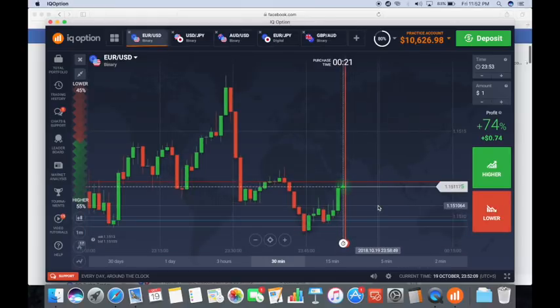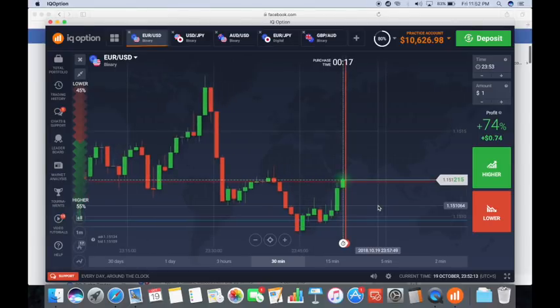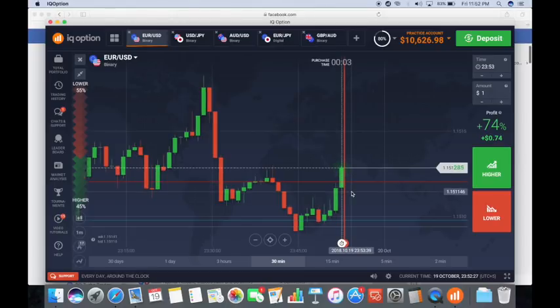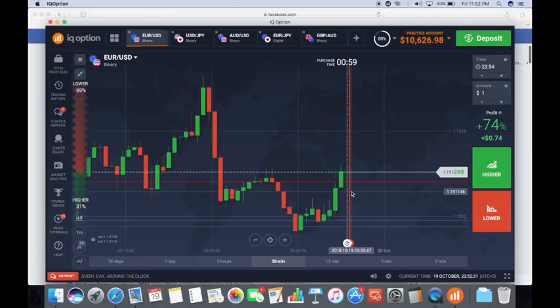Before entering the position, always get confirmation, like it should get a proper rejection. It's not necessary that you put in like tons of indicators to trade. Okay, sometimes a bare chart is enough. If you have the understanding, if you have the strategy, if you have the set of rules, it's enough.